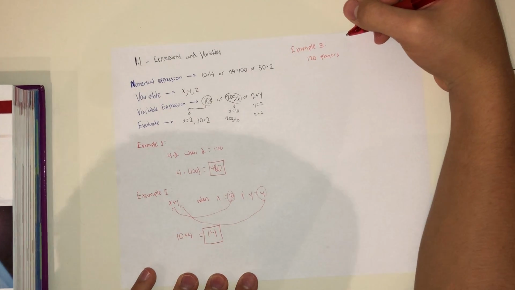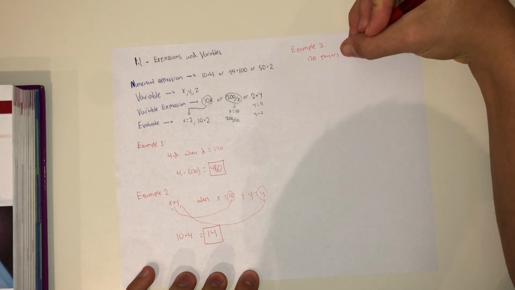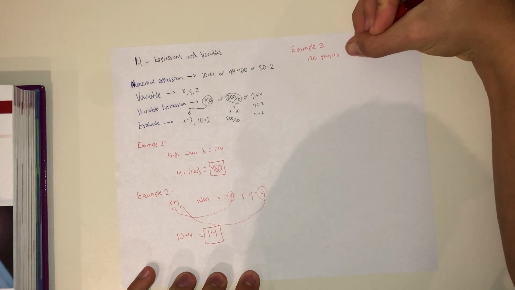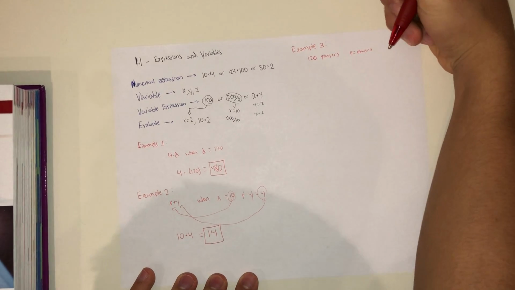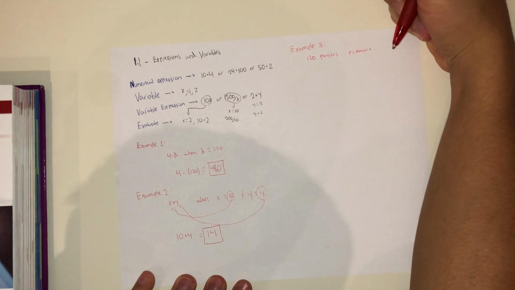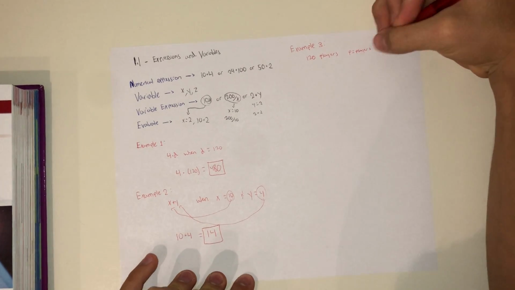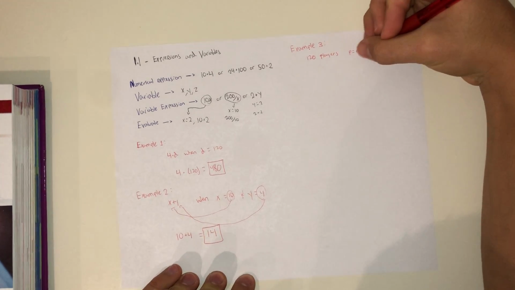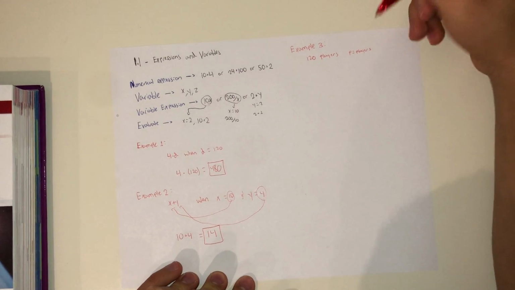So let's say P equals the amount of players. We would have, if we know the number of players on each team, so let's say we know that we have 10 players on each team.